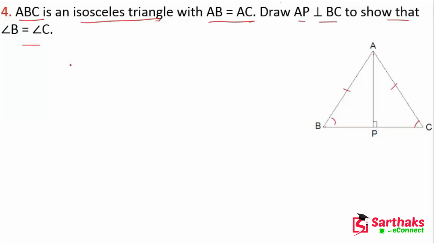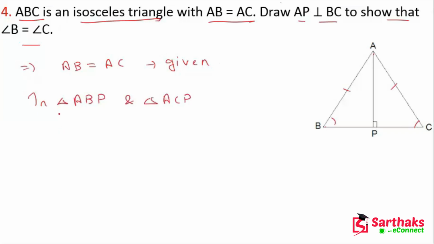Now in this question we have AB is equal to AC. This is given. So in triangle ABP and triangle ACP, angle APB is equal to angle APC.